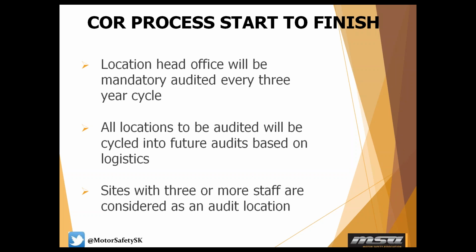And the other 4 locations to give us 5 are selected, looking at logistics, perhaps the last time they were audited, will help us to determine which locations to audit. Out of those 7 stores, the 2 locations that weren't audited, we would cycle those into a future audit to ensure that they do get that feel or that touch point from us as far as being audited.